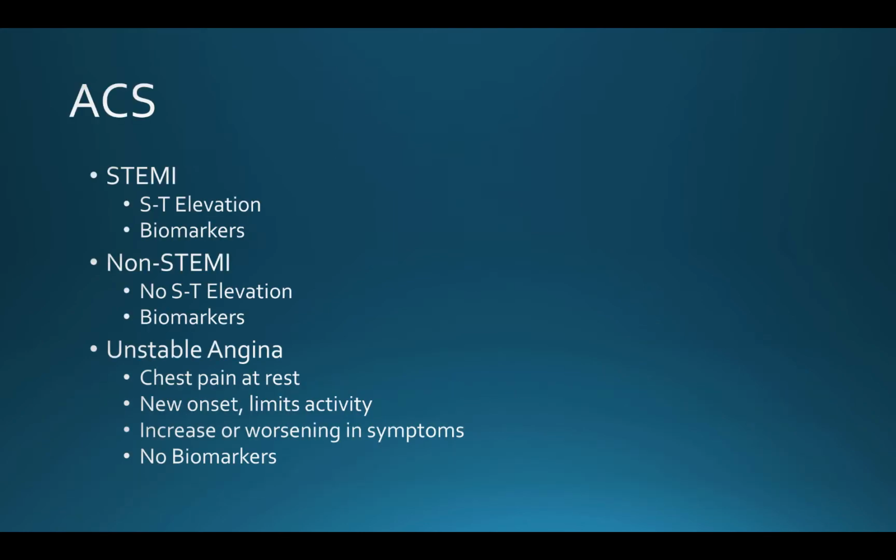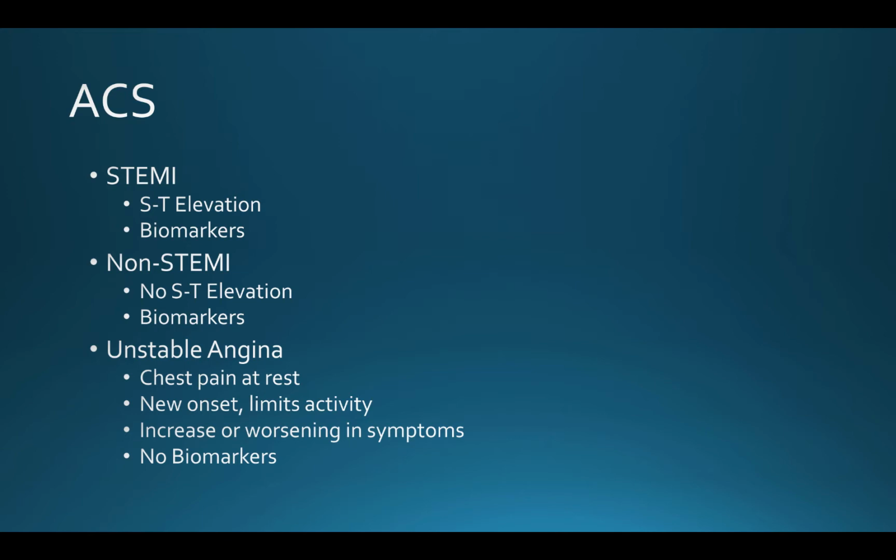So what is ACS? Acute coronary syndromes: remember 3 big things as far as the diagnosis goes. STEMI is the most severe, non-STEMI is potentially a little less severe, and unstable angina is potentially a little less severe. Again, this can kind of waver a little bit.